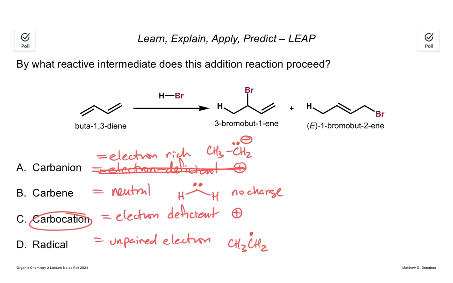So those are the four types of reactive intermediates for carbon: carbanions, carbenes, carbocations, and radicals. So notice that the carbene and the radical are both neutral, but the carbanion is negative, the carbocation's plus charged.